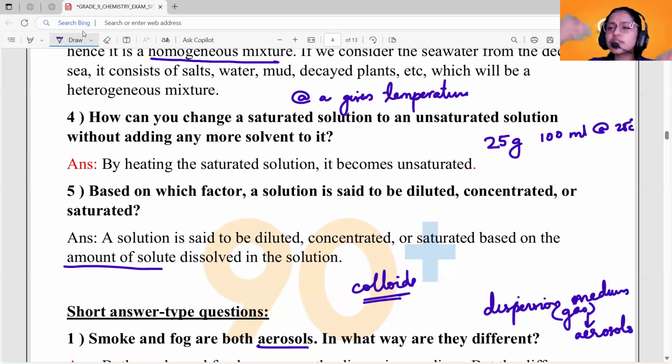Right. So what would be the difference? You tell me, what would be the difference between smoke and fog? They're both aerosols, but they're different in some way.